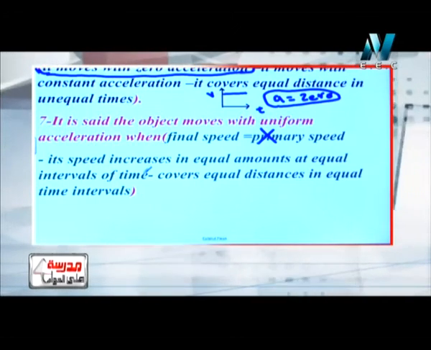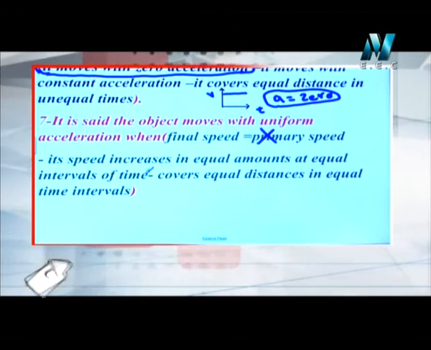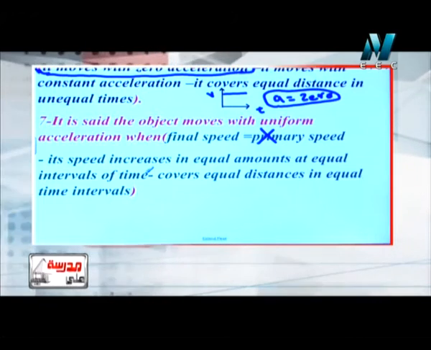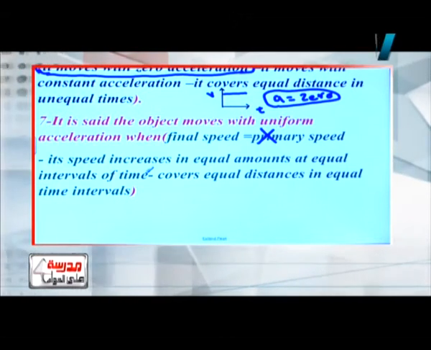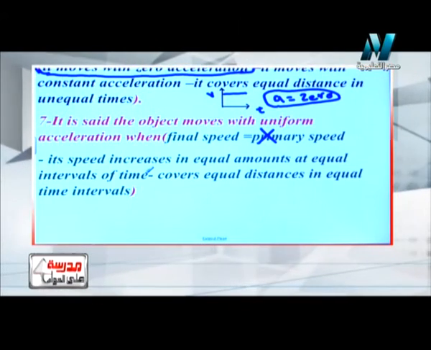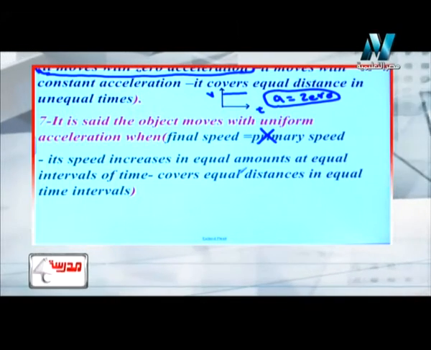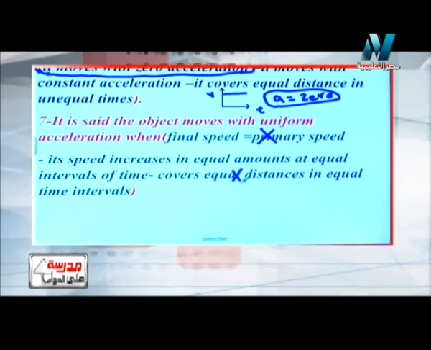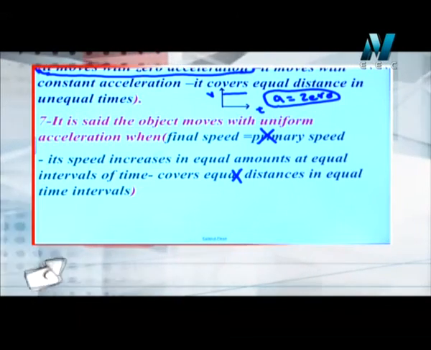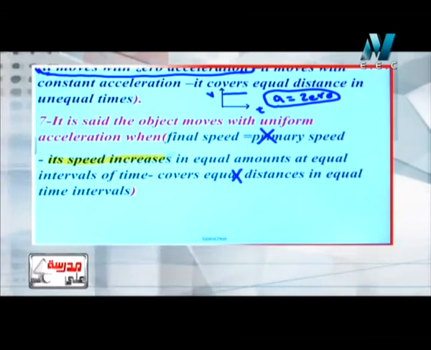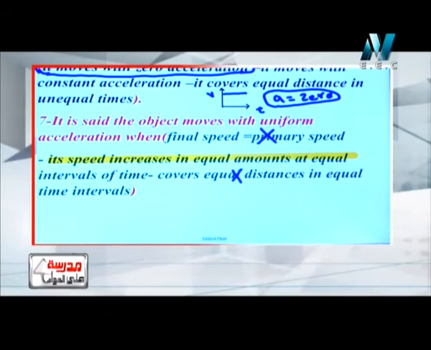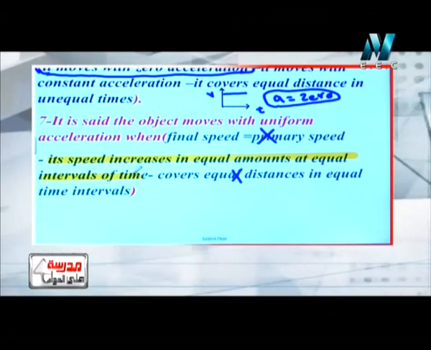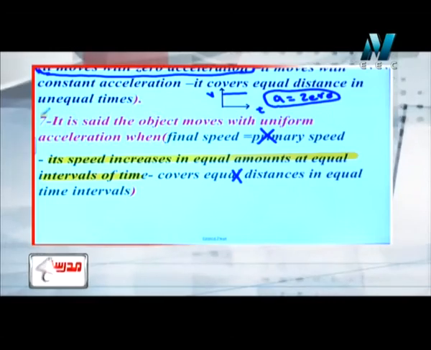I think we can answer by number 2. But we should also read number 3. Covers equal distance in equal periods of time or time intervals. I say no, because here we talk about uniform speed. So we will choose number 2. Its speed increases in equal amount at equal intervals of time, because we talk about uniform acceleration.